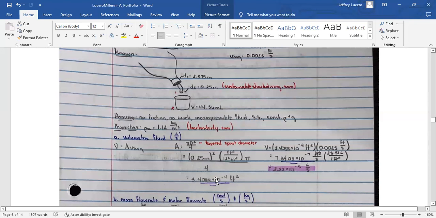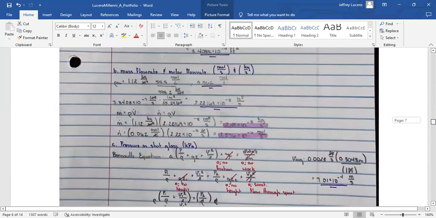We multiply by our average velocity, which equals 7.8403 times 10 to the negative 7 feet cubed per second. Then we convert it to liters per second with the conversion of 28.31.